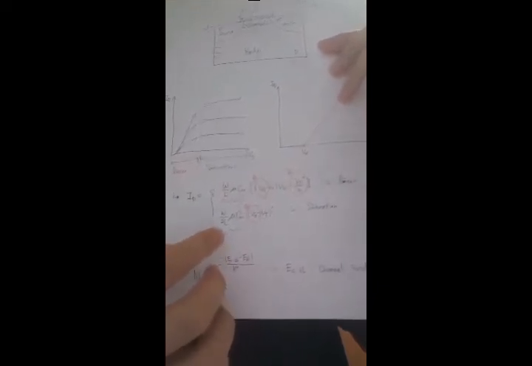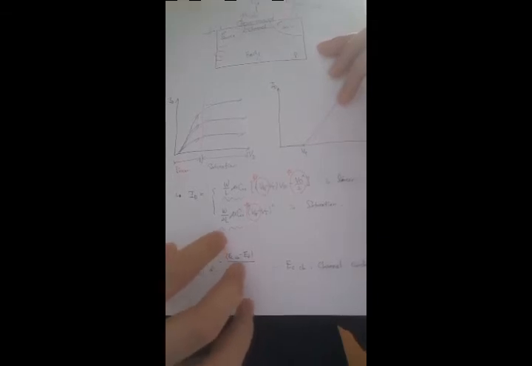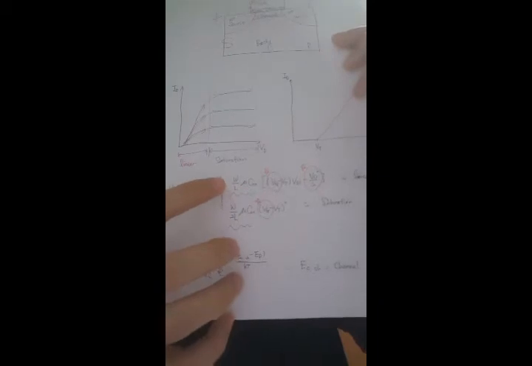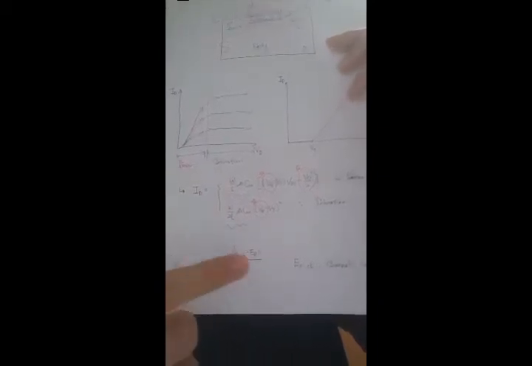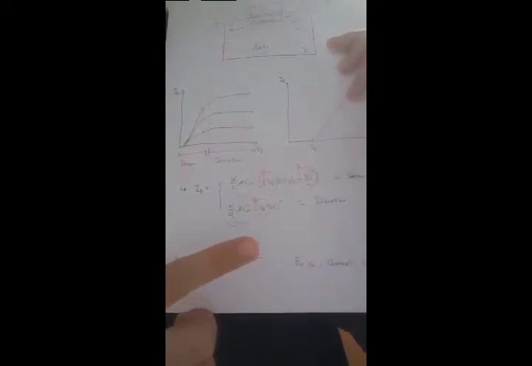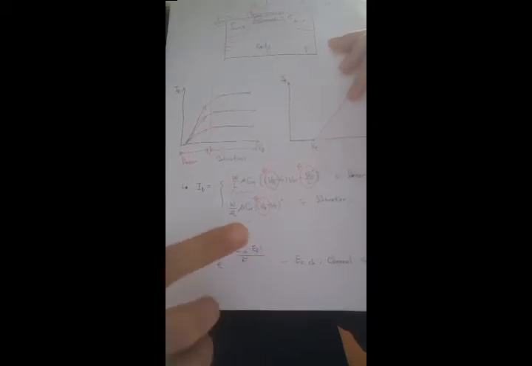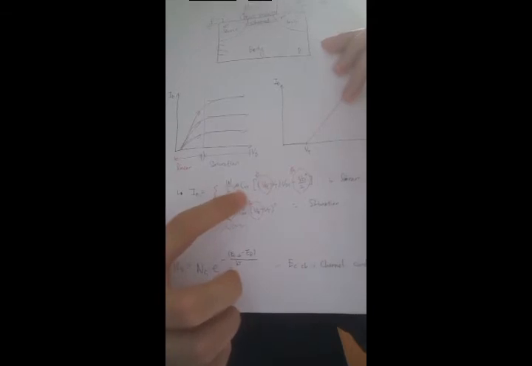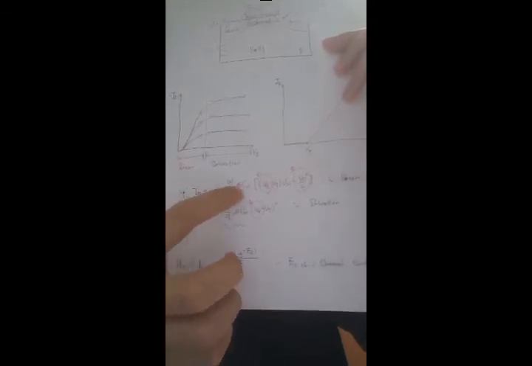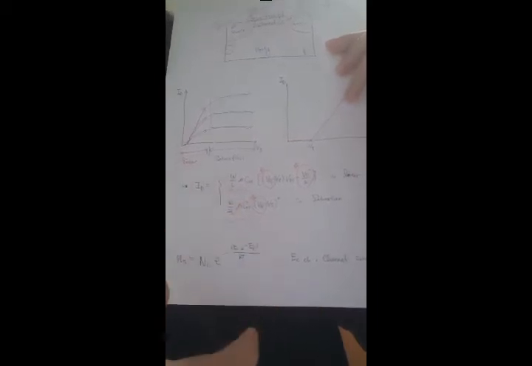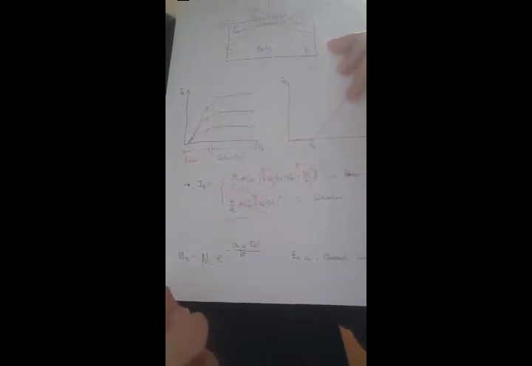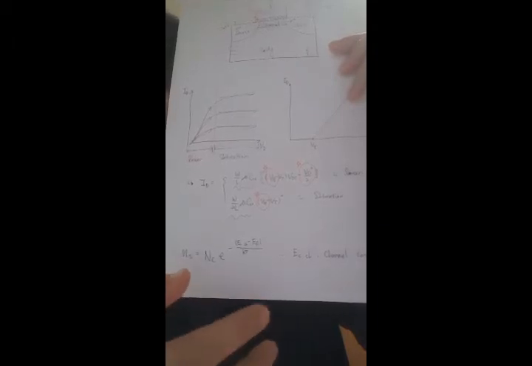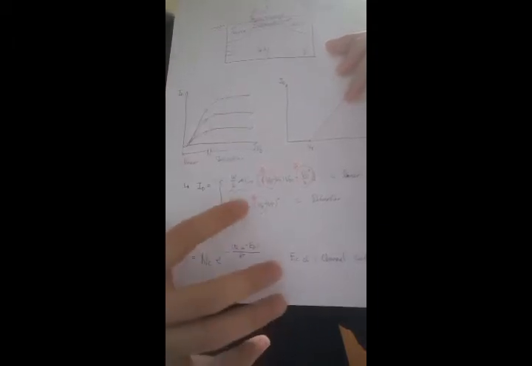In this formula, there are many components, but the components here, the width and length of the channel, the mobile carrier's mobility, and the capacitance of the gate dielectrics, will be fixed when we make the device.